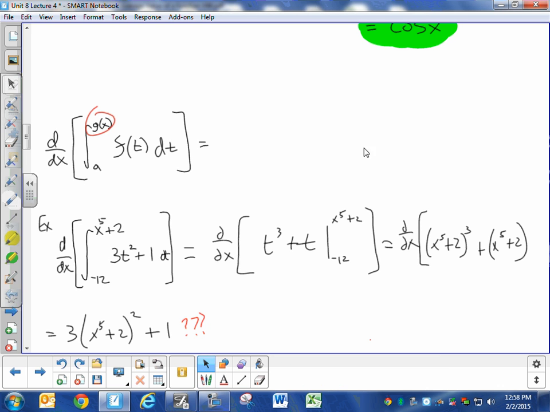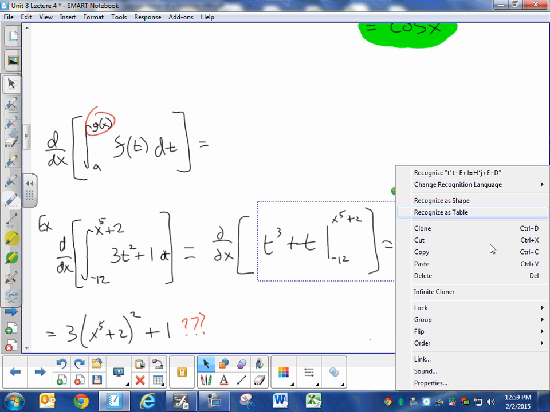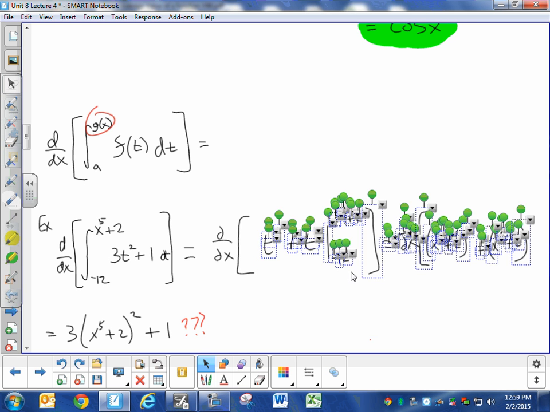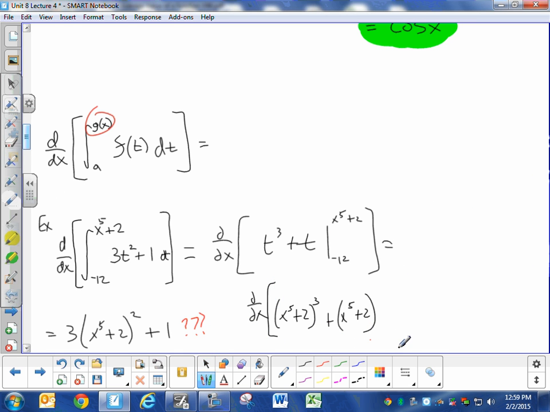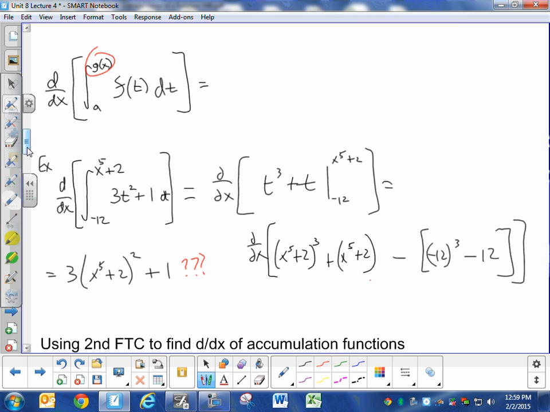Okay, minus negative 12 cubed minus 12. Okay.